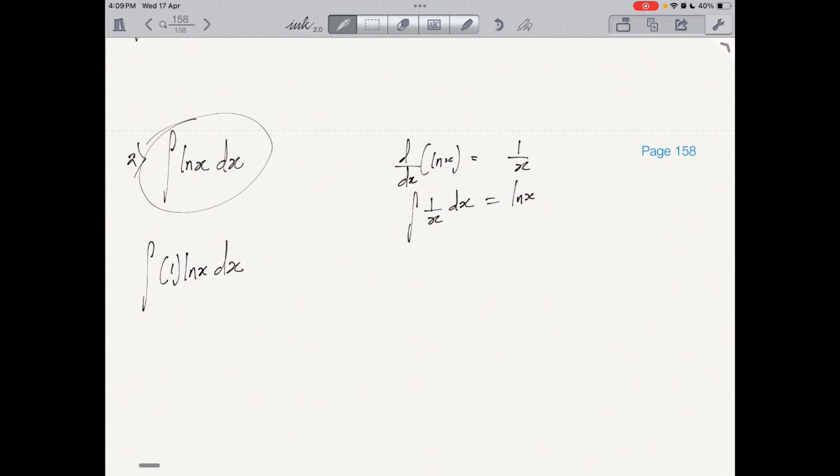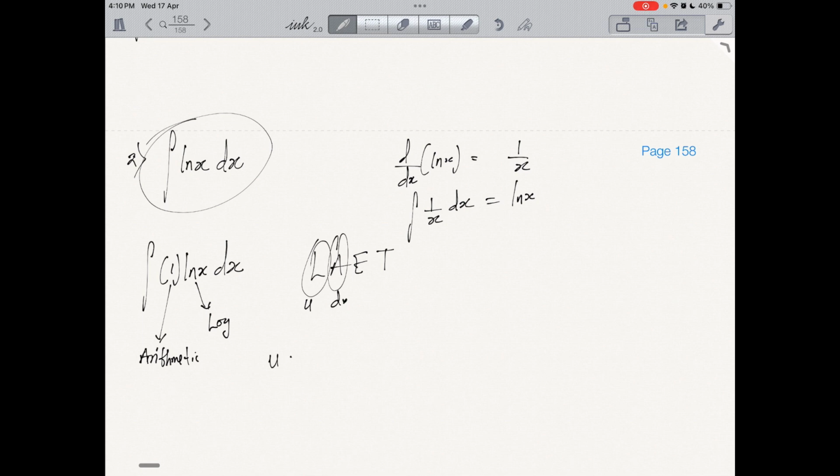dx. So we know that 1 is arithmetic and ln x is what? Logarithm. So we apply LAET, and the first that comes up is our u, and arithmetic becomes our dv.